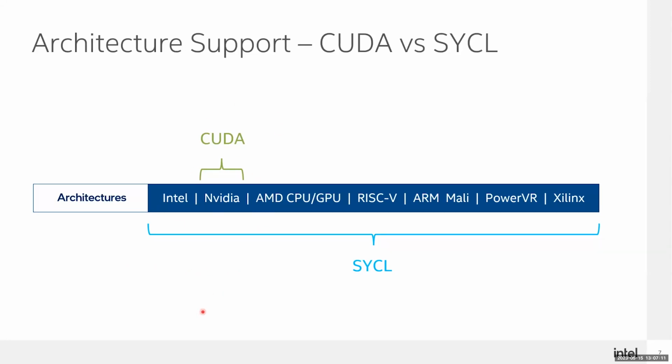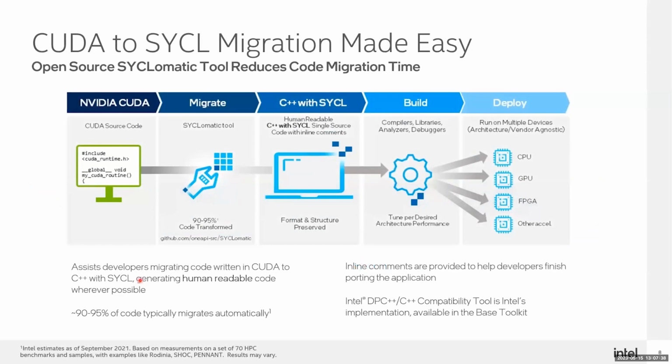So you can write your code once and then run your code on any hardware you want, right? You can always do architecture-specific coding for performance tuning, but the overall application will be just a single source that you can run on multiple architectures. So that's the main advantage of migrating from CUDA to SYCL.